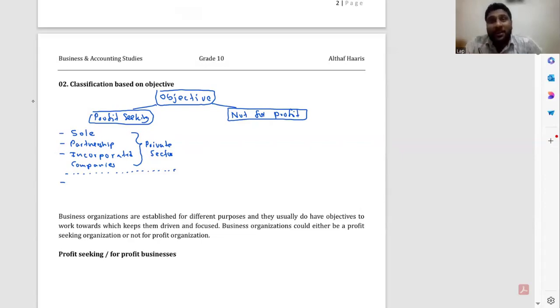When we say government, we think they are doing things not for profit, everything charity, free of charge. But there are certain government businesses that operate in order to make profits. We will learn all those things. State corporations, state companies, or corporations.